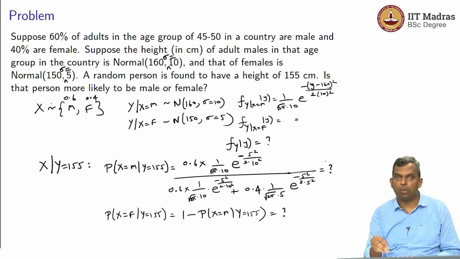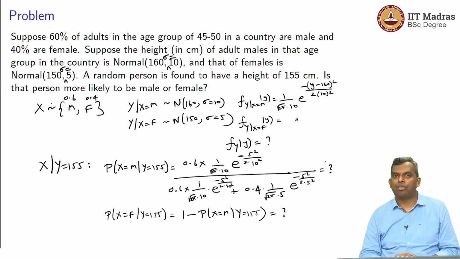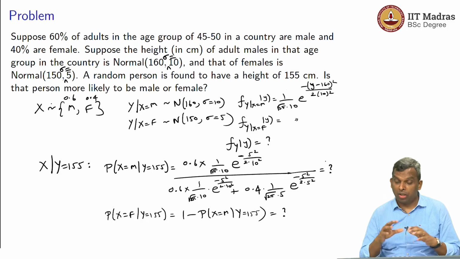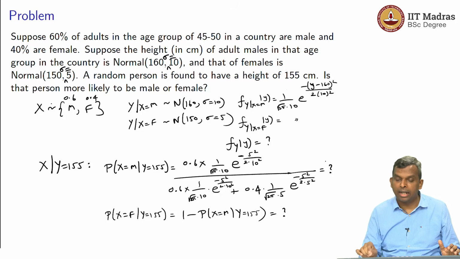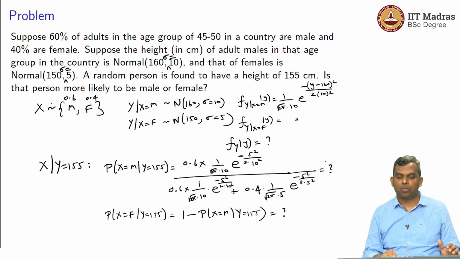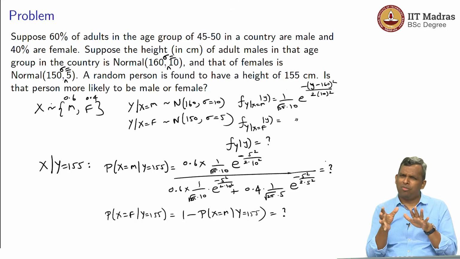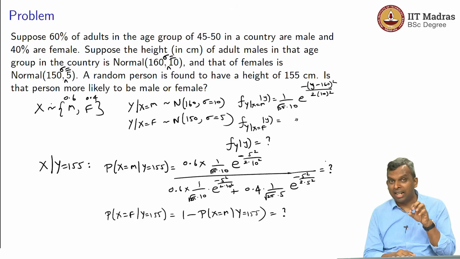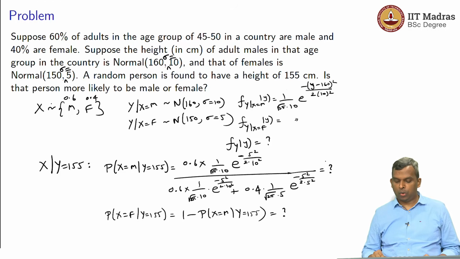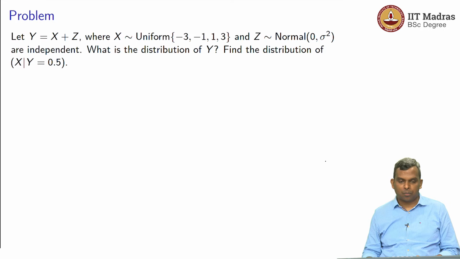You can just calculate one and check if it is above 0.5 or not. Hopefully I've not written down the final answer for you. I'll leave that as an exercise. Go ahead and compute the final answer. So you see how in a semi-realistic situation, these kinds of discrete-continuous models enter the picture. These are very useful to know and understand.